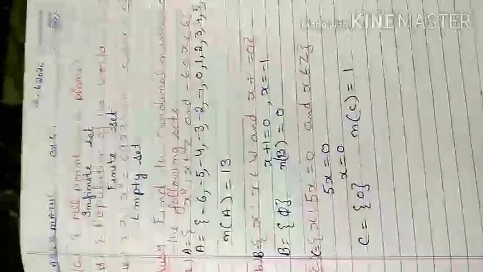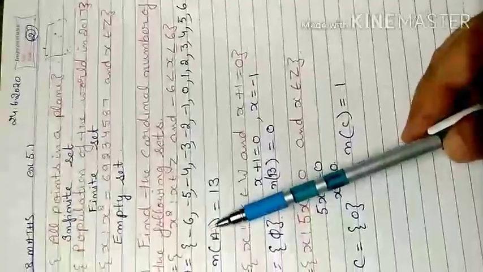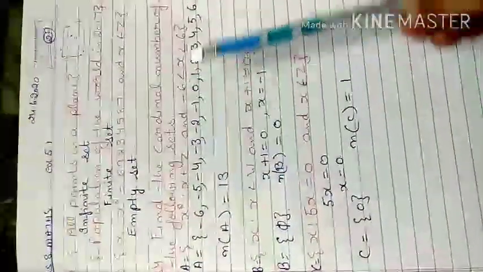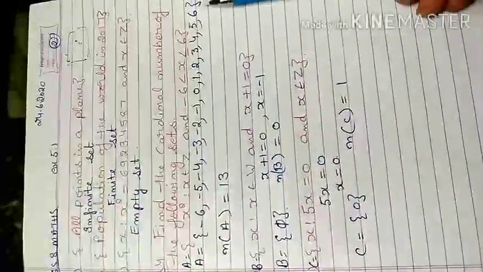But here integer is written, so you have to consider negative numbers also as members of set A. So from -6 to 6 there will be a total of 13 members of set A, so the cardinal number of the set is 13.